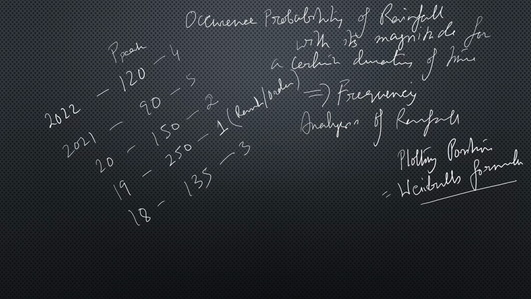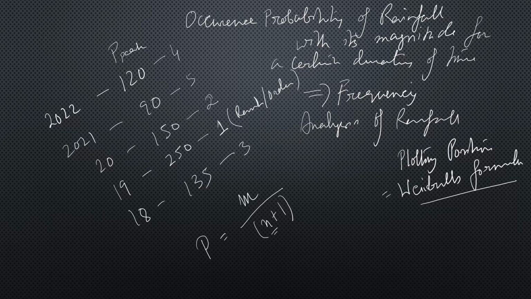The Weibull formula says that the probability of rainfall can be given by M, which is the order of the rainfall for which I am calculating the probability, divided by N plus 1. N is the total number of rainfall values available in that data set.